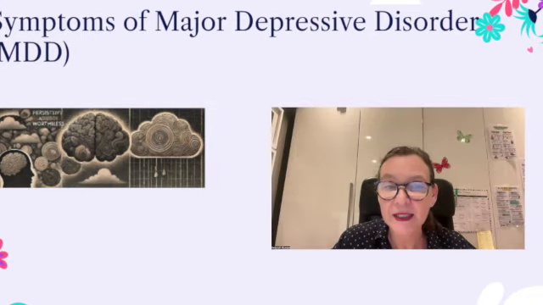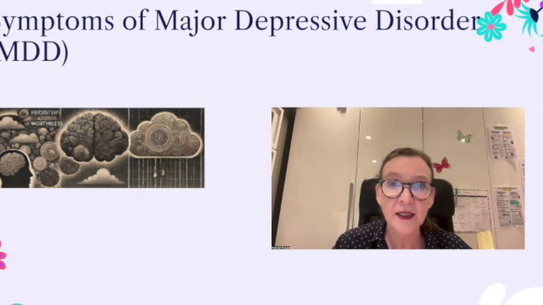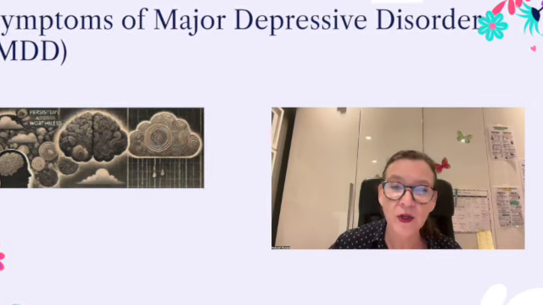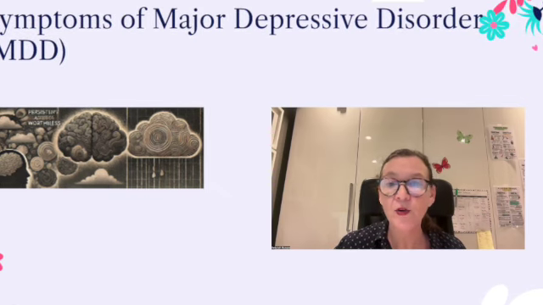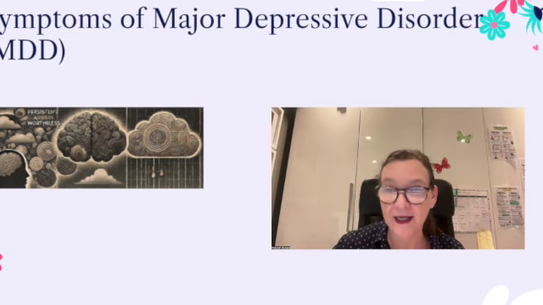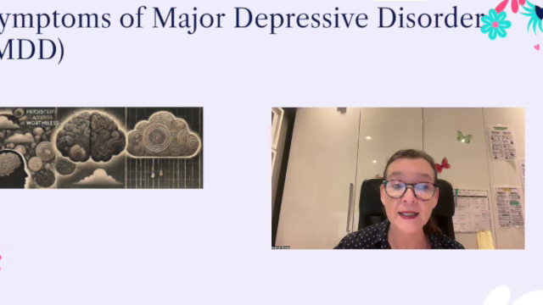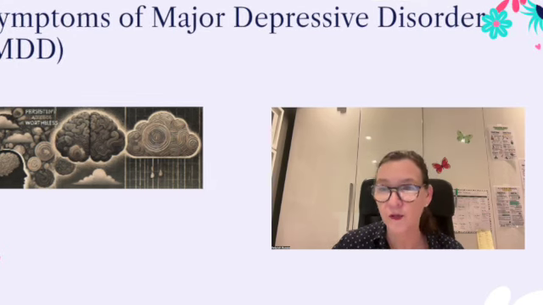To better understand MDD, let's look at an example. Imagine someone who used to enjoy socializing, exercising, and working productively. Over time, they start to withdraw from social interactions, they lose motivation, and they struggle with basic daily tasks. So they avoid social events, they feel disconnected from their friends, and they lose interest in hobbies that they once loved, like reading or playing music.